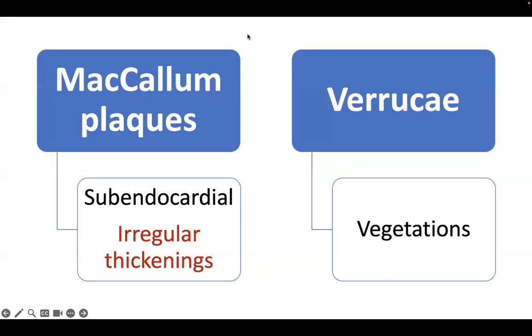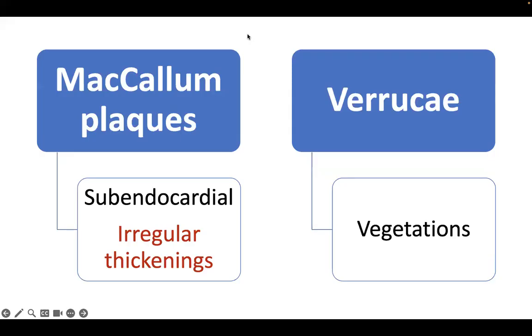These are called the MacCallum plaques. So 3 eponyms: the Anitschkow cells, the Aschoff bodies, and the MacCallum plaques. These all point to rheumatic fever.